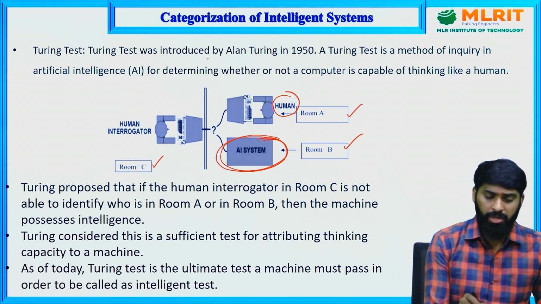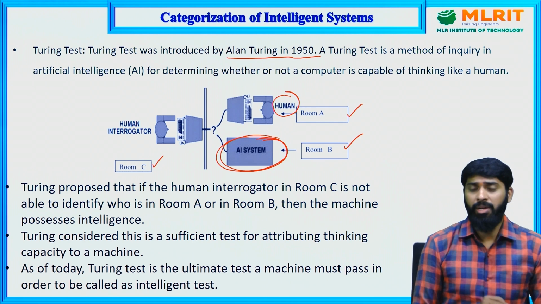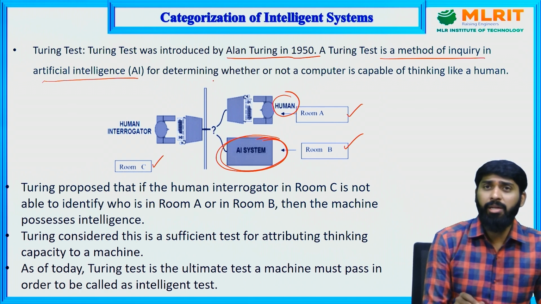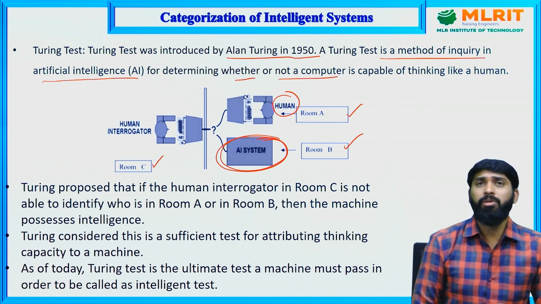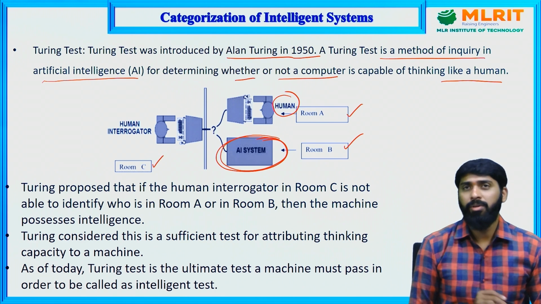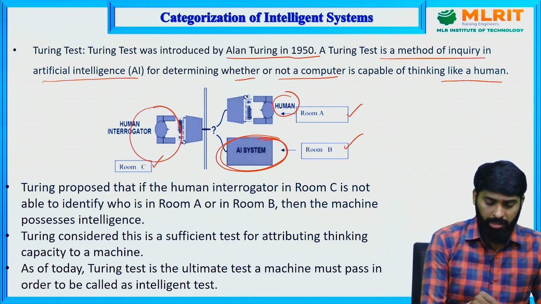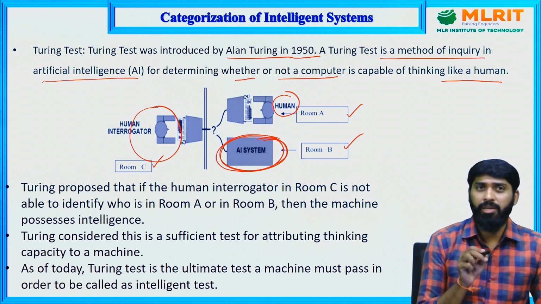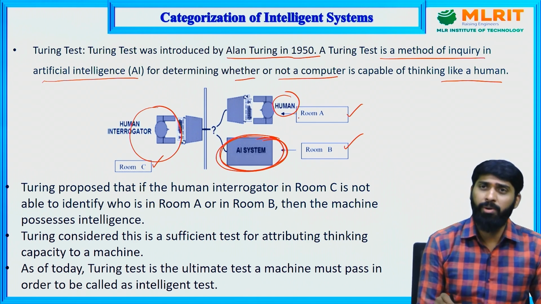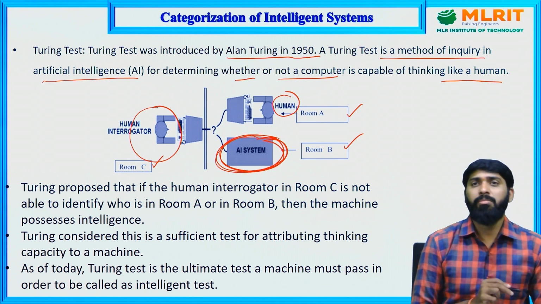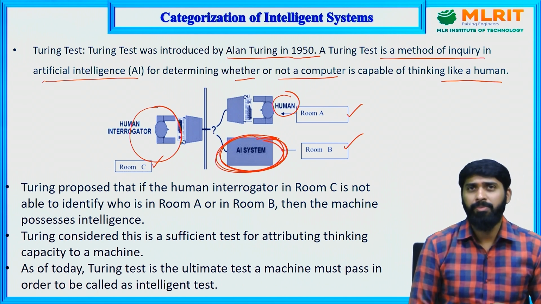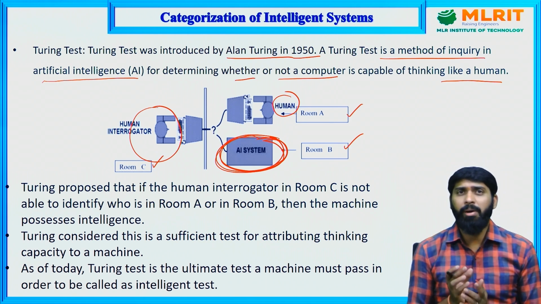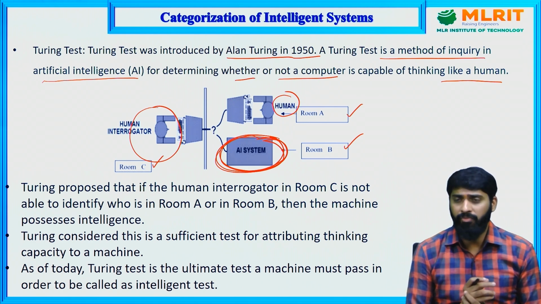So what is the Turing test? The Turing test was introduced by Alan Turing in 1950. A Turing test is a method of inquiry in artificial intelligence for determining whether or not a computer is capable of thinking like a human.